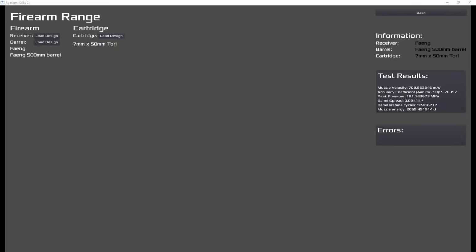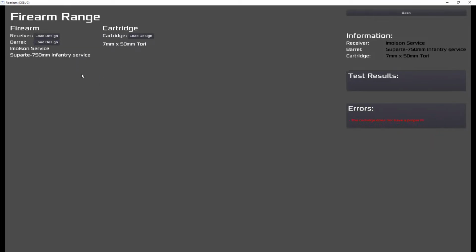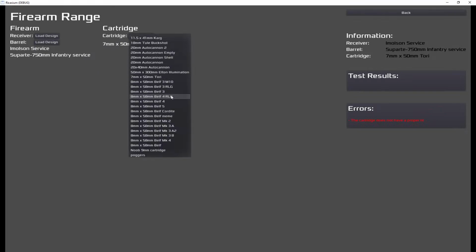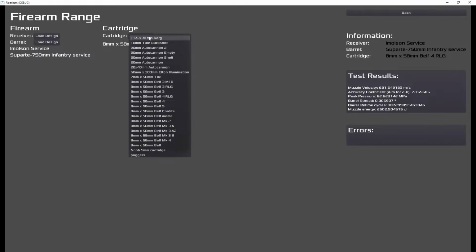Yeah, the peak pressure and other stuff doesn't line up very well. Just gonna call that a feature. Temporary feature before I can fix things. .62 megapascals.